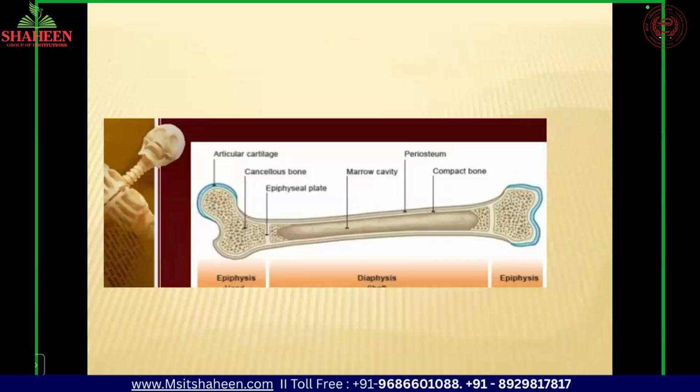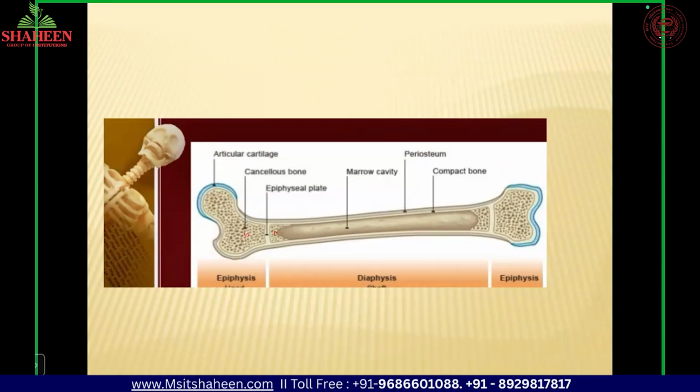Which part is continuously growing? The epiphyseal plate, where the cells are more active. Once the growth is completed, the epiphysis and the metaphysis will join together, and the epiphyseal plate will vanish. So the epiphysis end will be joined with the metaphysis, and the bone growth will be completed.